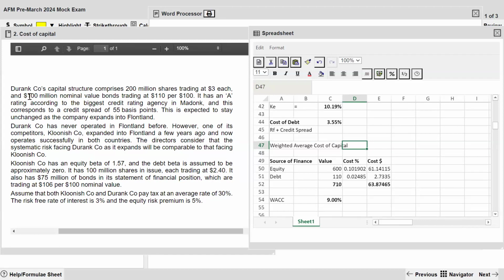Asset beta of the proxy company was used to calculate the equity beta, and that's how we calculated.